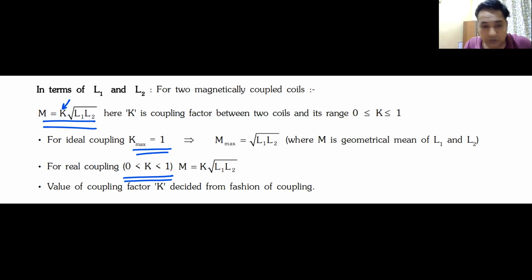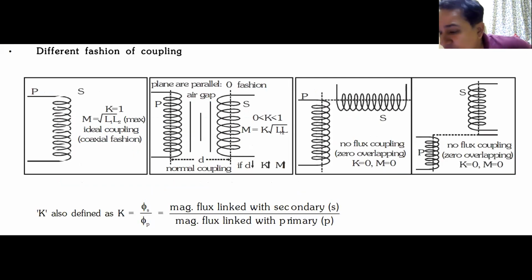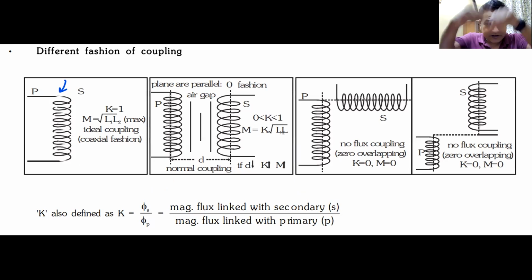So just look at these diagrams and see if you can make out the value of coupling factor. In case number 1, what I have done is I have wrapped the secondary on top of the primary. Therefore, the coupling factor becomes 1. Do you see this, beta? Primary, and then on top of that, I have secondary. Coupling factor becomes 1.